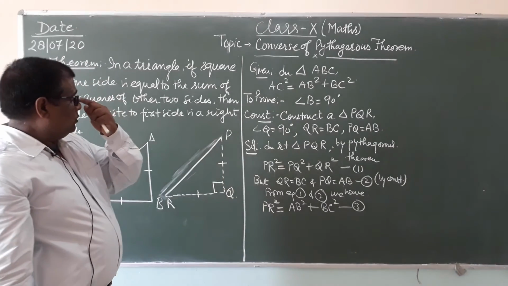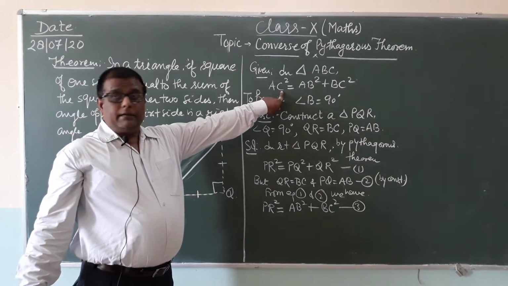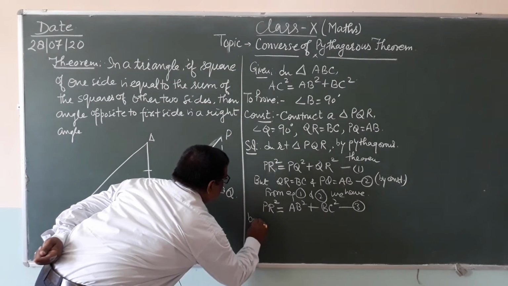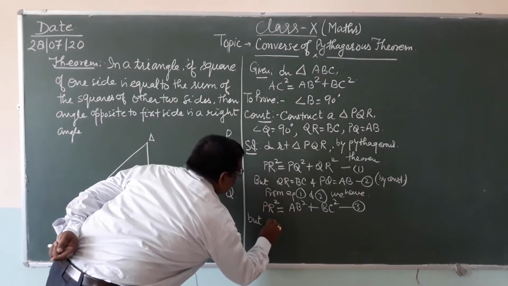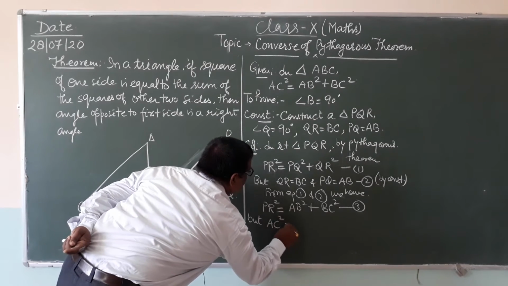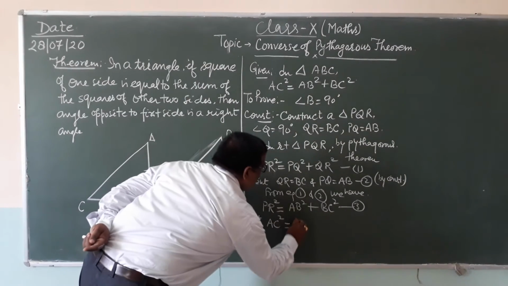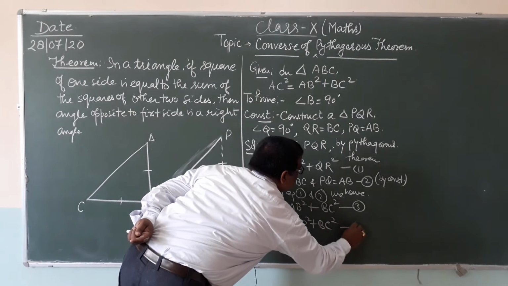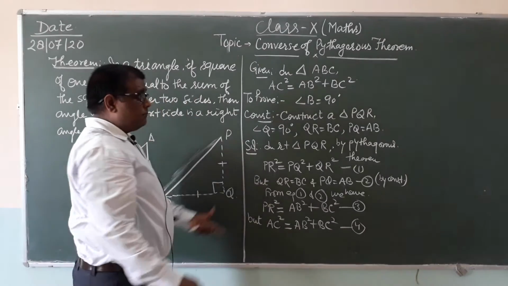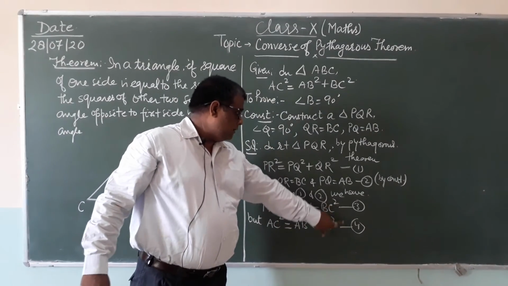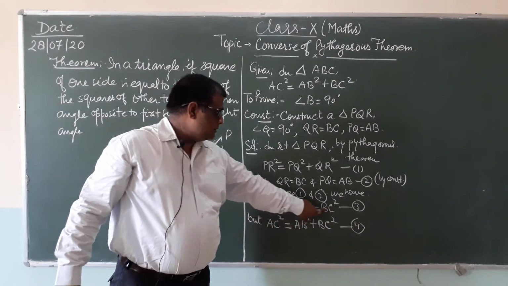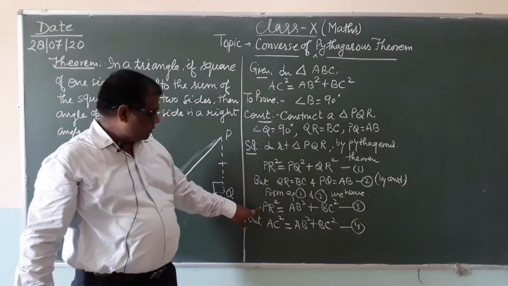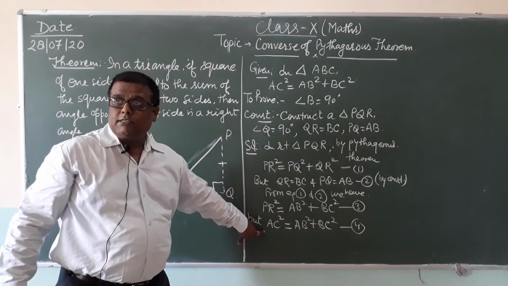But look here, what is given? AC square is equal to AB square plus BC square. This is equation number 4. Now comparing equations 3 and 4, AB square plus BC square is the same in both, therefore PR square is equal to AC square.